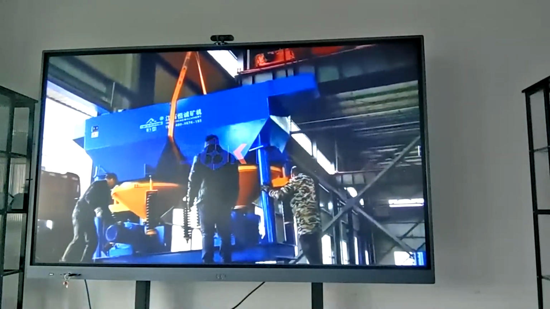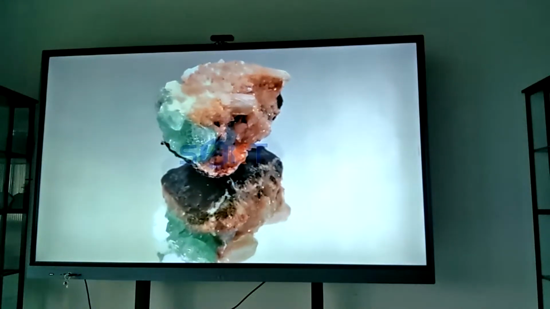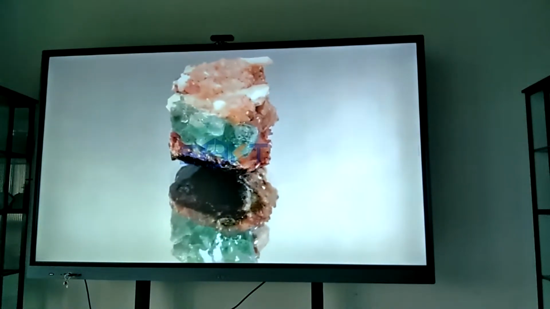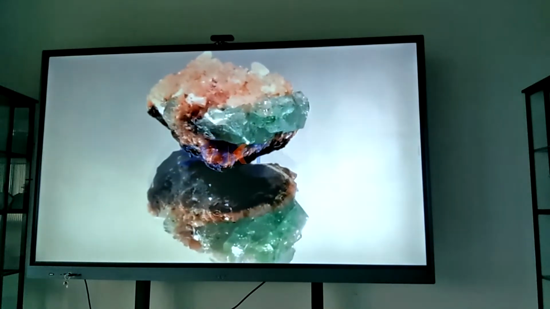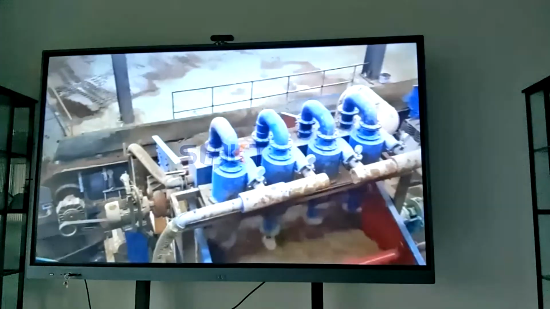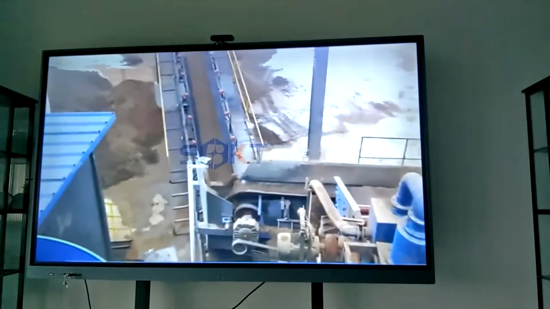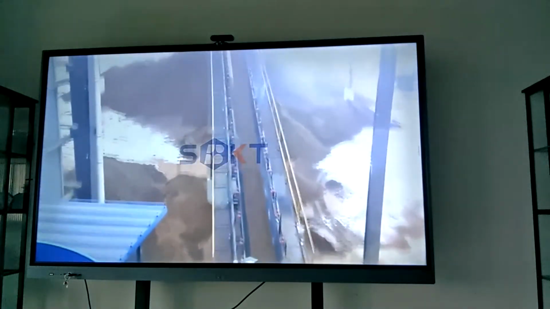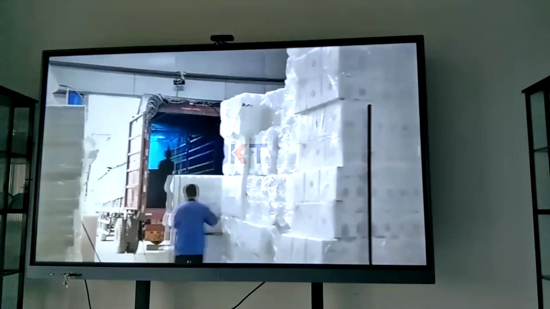Step 4 is to analyze the economic benefits. Heap leaching is suitable for low grade, for example 0.3 to 1.0 gram per ton: low investment, low cost, low recovery rate. Cyanidation is suitable for medium grade, 1 to 3 grams per ton: medium investment, high recovery rate.